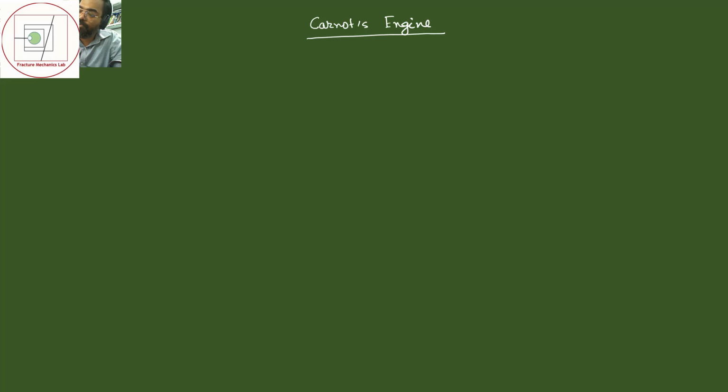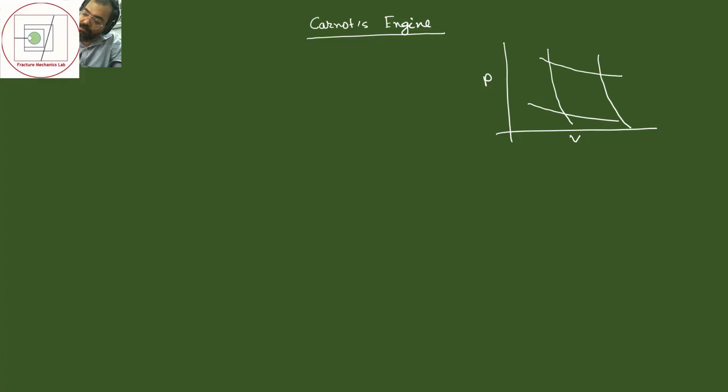So Carnot's engine is basically in the space of pressure and volume, and you have two isotherms and two adiabats. Well, it is not really vertical, it's like this. And so this is at T1 and this is at T2. You see that these are isotherms because the temperature is the same, and these are adiabats.